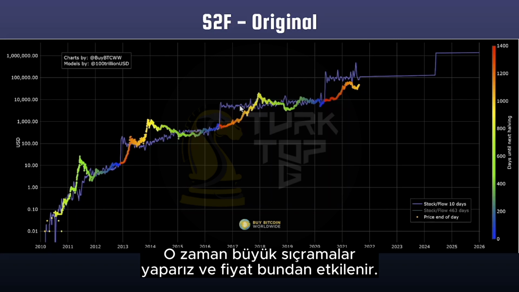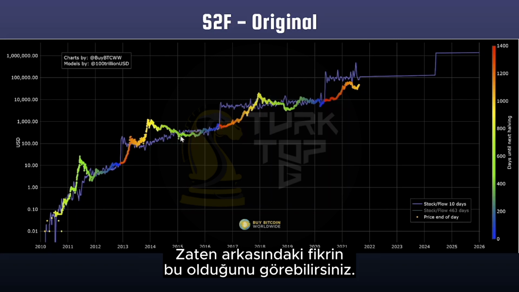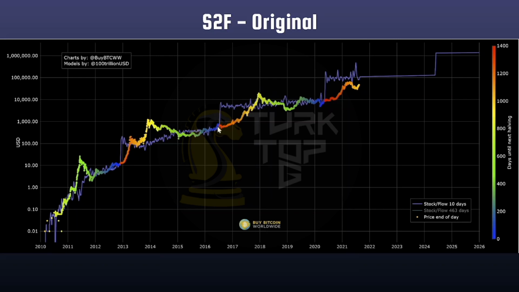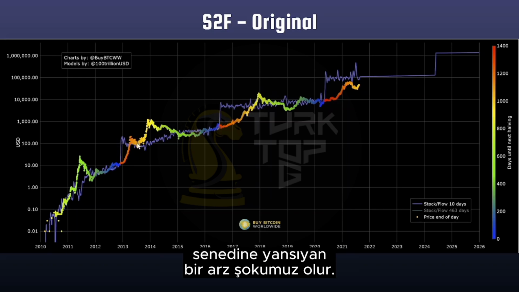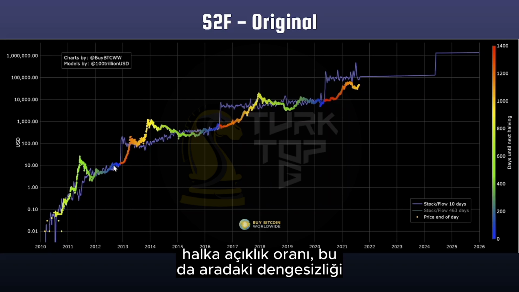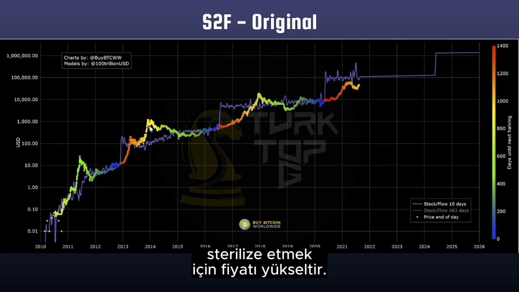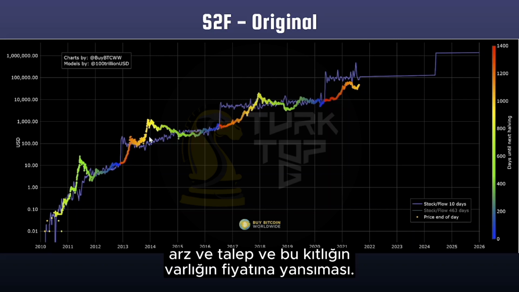So then we have big jumps, and the price is kind of attracted to that. That's the idea behind it anyway: every time we have a halving, we have a supply shock that's reflected in this stock to flow ratio, which in turn drives the price up in order to sterilize that imbalance between supply and demand and have that scarcity reflected in the price of the asset.